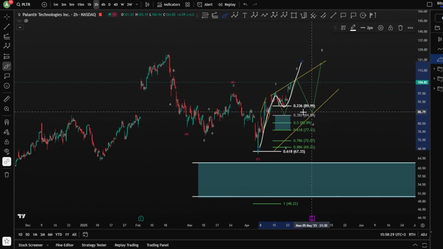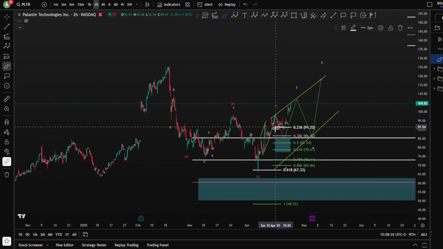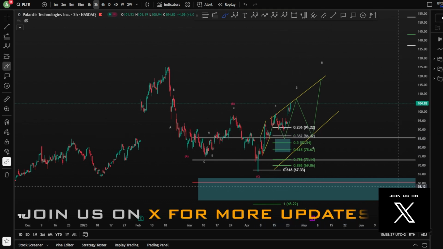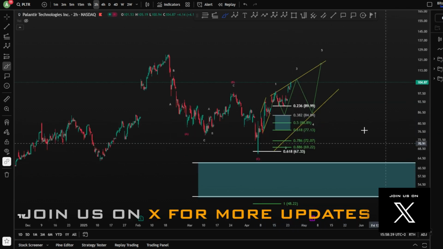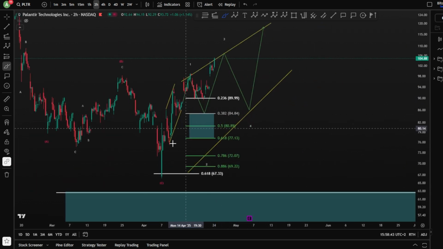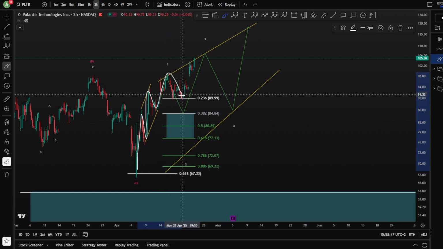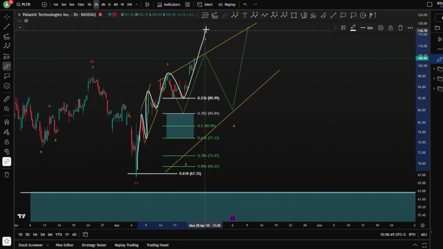Sometimes on the logarithmic chart it can mean something else. This is linear, and on the logarithmic it also shows only 0.23. So let's say it can be a wave 2 here or a wave B and then moving toward the upside impulsively 1 2 3 4 and a 5.